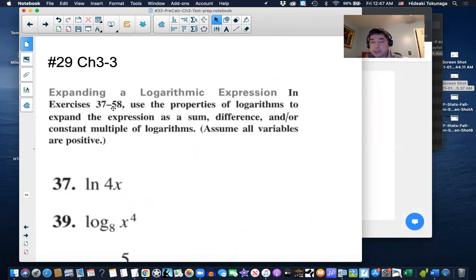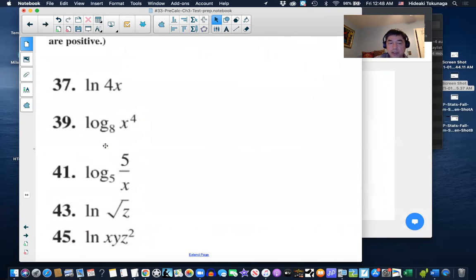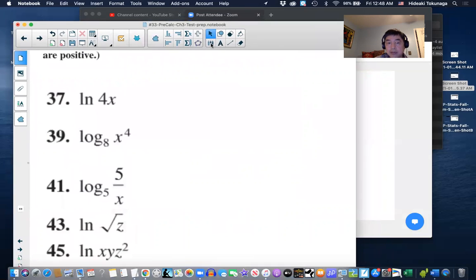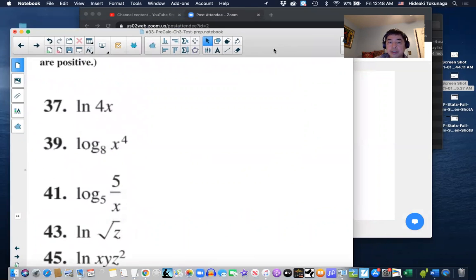Expand logarithm expressions. In exercises 37 to 58, use the properties of logarithms to expand the expressions as a sum, difference, and/or constant multiple of logarithms. Assume all variables are positive. So when you see natural log of 4x, 4 times x, you have to rewrite this.